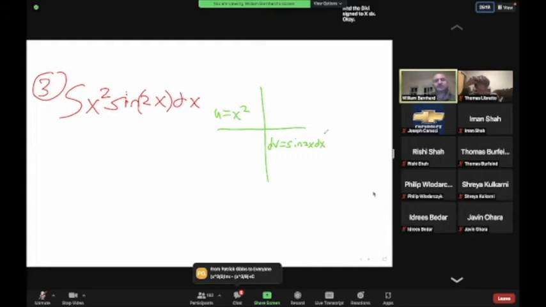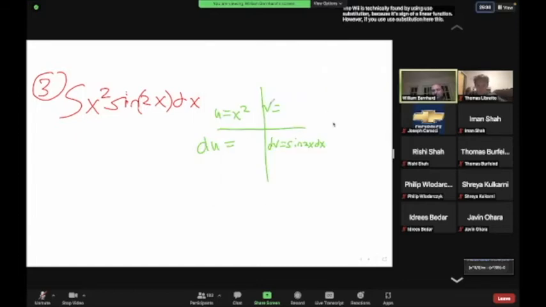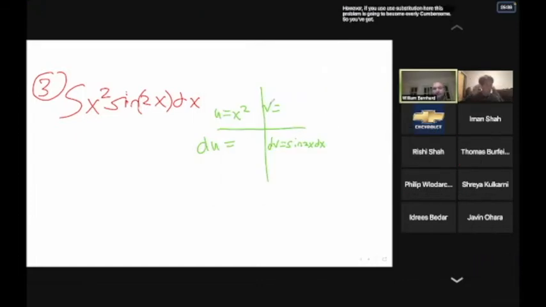I want to say a couple of things here. du is easy, you're going to do that. The v is technically found by using u substitution because it's sine of a linear function. However, if you use u substitution here, this problem is going to become overly cumbersome. So you've got to be able to go backwards pretty fast.